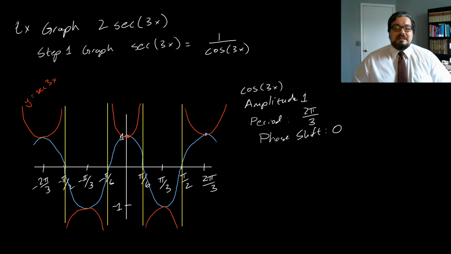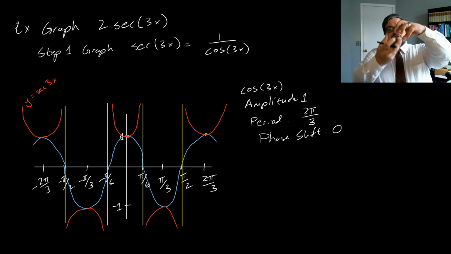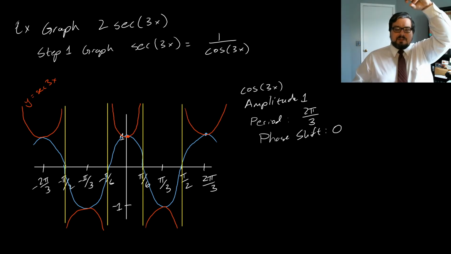However, the problem didn't actually ask for the graph of secant 3x. It asked for the graph of 2 secant 3x. And so here's where we can just use our standard knowledge of how transformations of functions work. Remember that when we take the function and multiply it by a number on the outside, that stretches the whole function vertically.